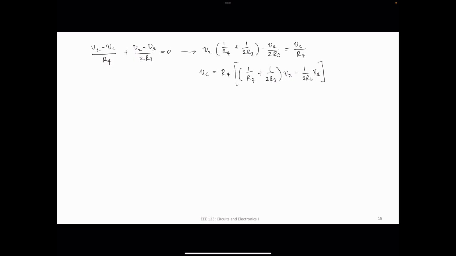Okay, let me just check, no? Minus V1 over 2R3 is equal to VC over R4. So VC, R4 goes on top. Yeah, okay.